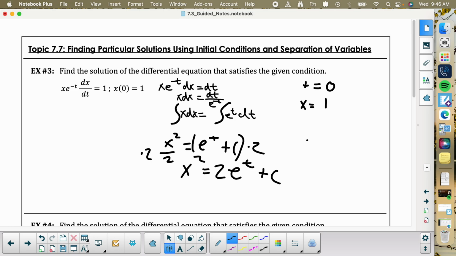So the t is 0, the x is 1. That was the main reason I wanted us to do this example, because I figured some people would be confused about which letter was which. So we would write x squared equals 2e to the t minus 1.